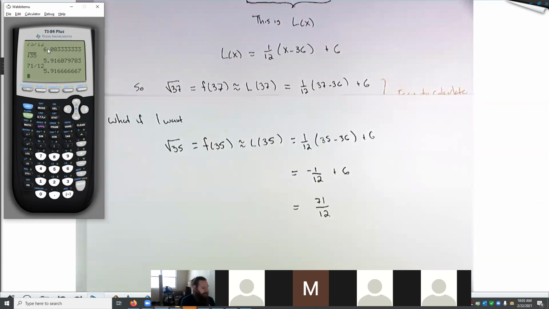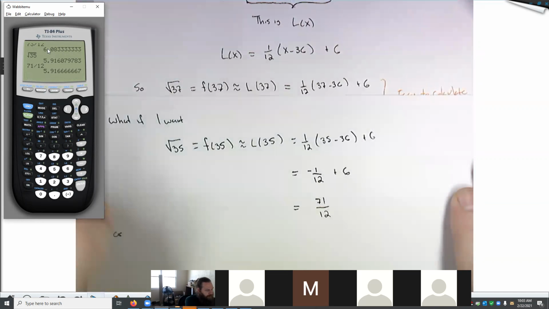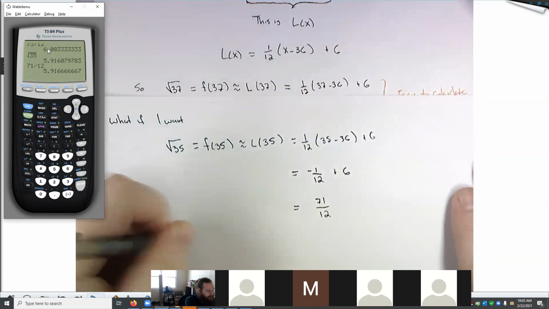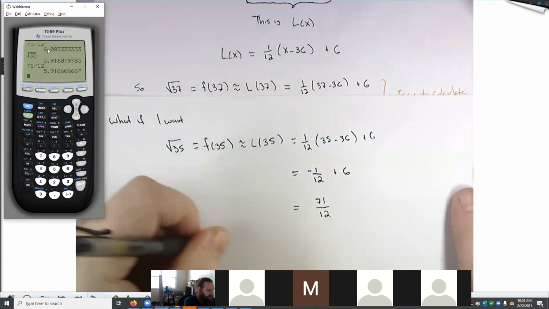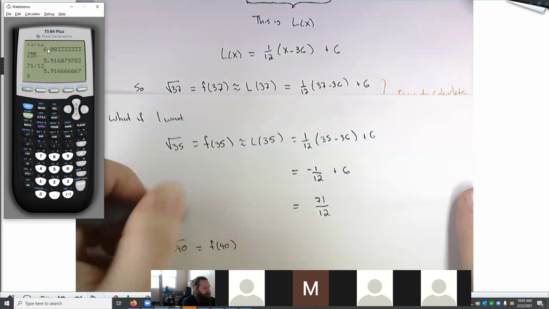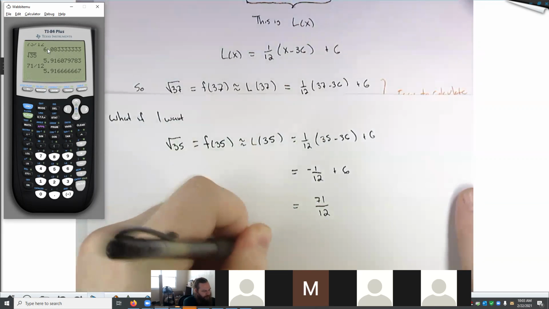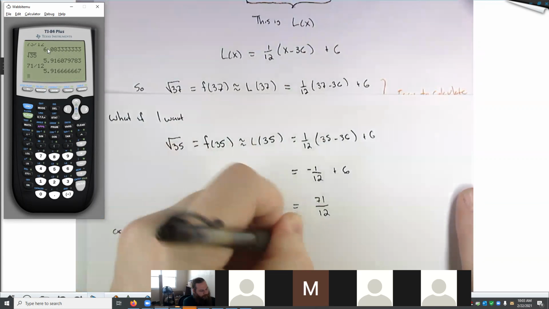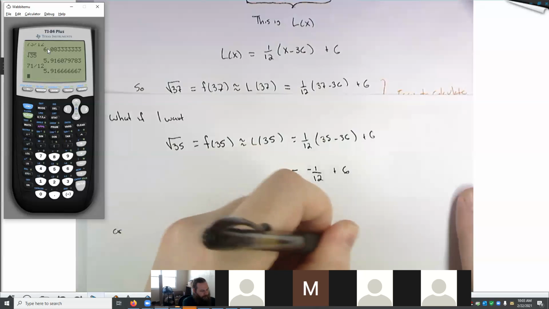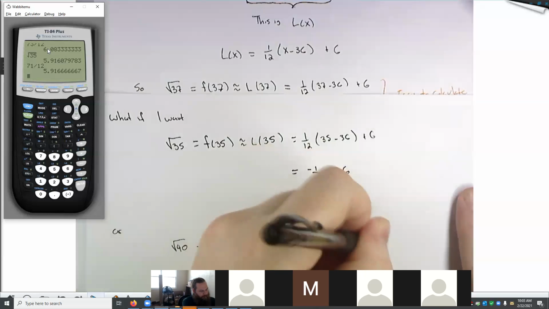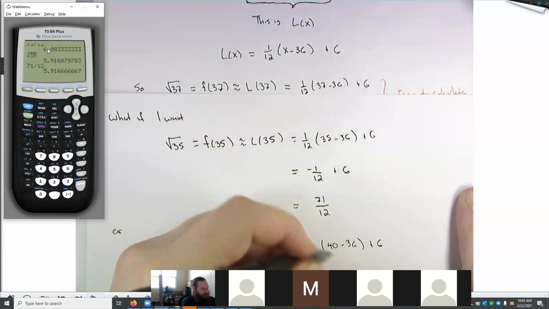We can check, or let's see how far we have to go away before this starts getting bad. The square root of 40, this would be f of 40, should be pretty close to L of 40, which is 1/12 times 40 minus 36 plus 6. Well, 40 minus 36, that's 4.